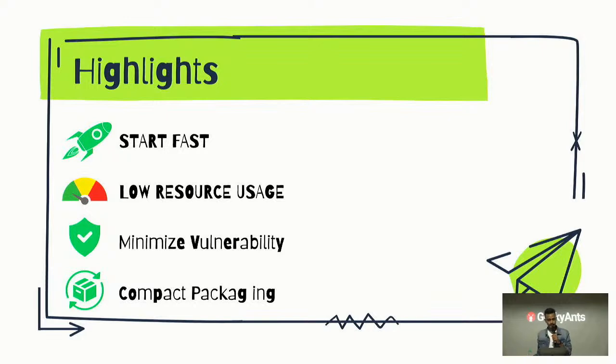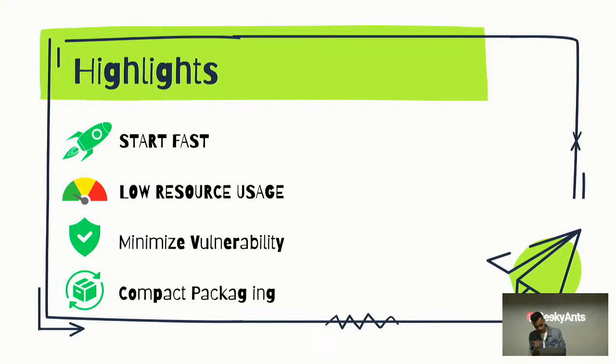If you create a native executable using GraalVM, whenever you run it, it will use fewer resources of your infrastructure compared to JVM-based jar executables. Next is that it minimizes vulnerability, and we will understand how later. And the last one is that it provides compact packaging.